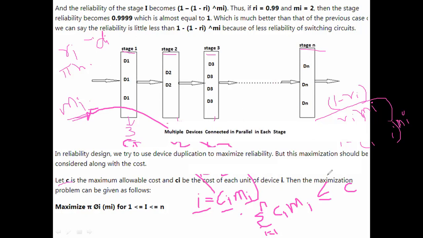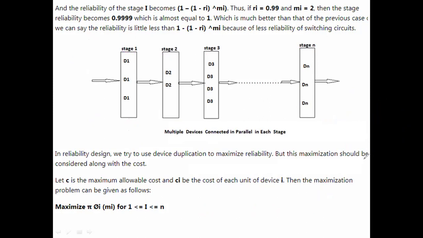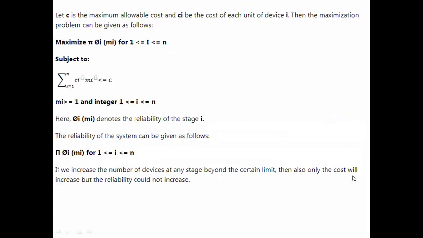Okay, so let's see how to solve this problem. We want to maximize the reliability, subject to the total cost of all the stages, the summation for i equal to 1 to n of Ci into Mi, being less than or equal to the total cost C, for Mi greater than or equal to 1 and integer, 1 to n.